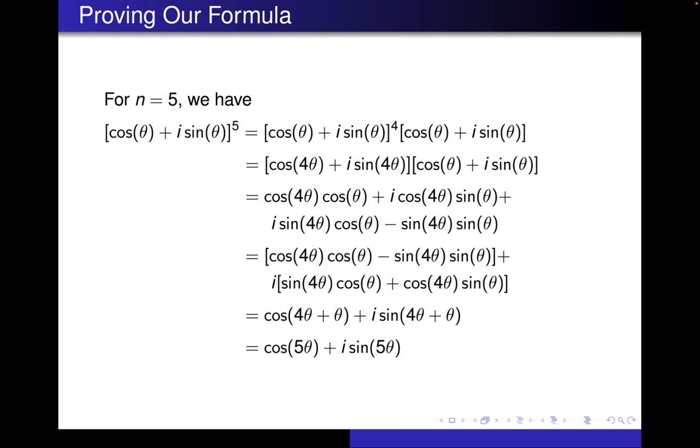And then we end up with cosine of 5 theta plus I times sine of 5 theta. And I want to emphasize so much that every time we get our new formula, we use the formula we just proved, first of all. And second of all, the process that we go from one step to the next step is pretty much exactly the same. So we should be able to mechanize this so that we can always go from any step to the next step.